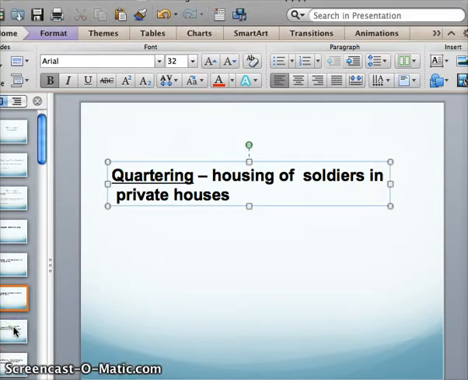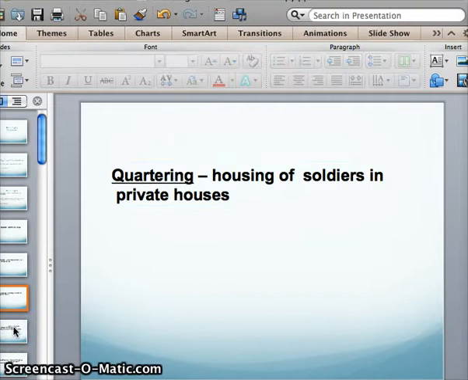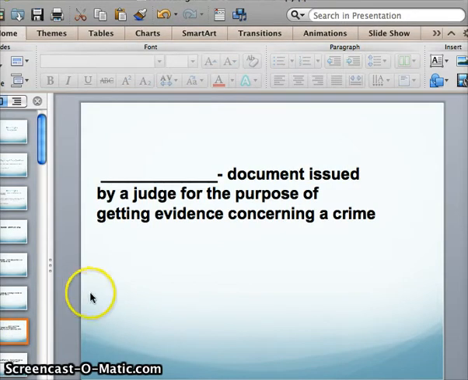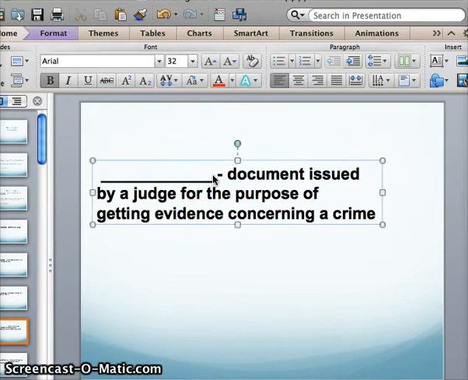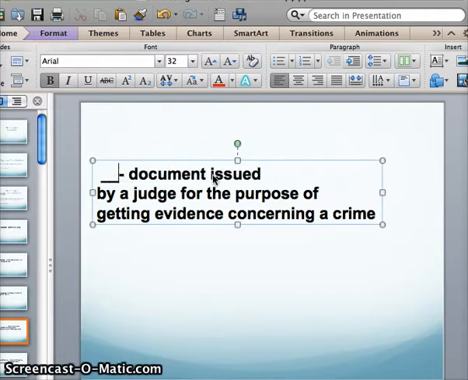The next one is a search warrant. A search warrant is a document issued by a judge for the purpose of getting evidence concerning a crime.